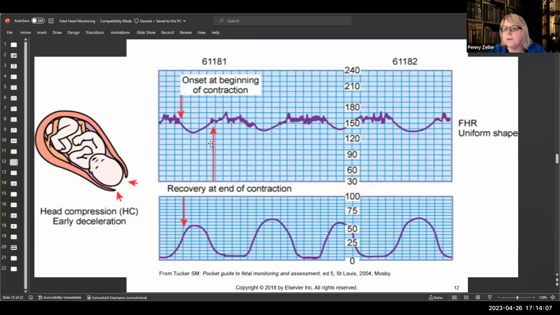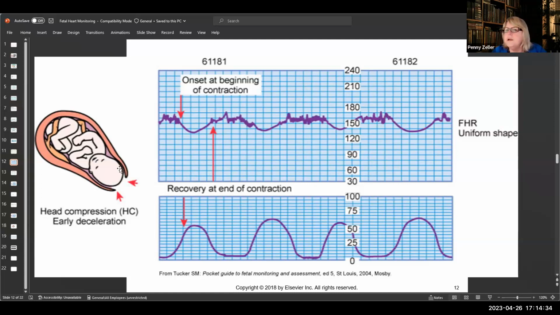The baby's heart rate is dropping below the baseline, but it mirrors the contraction time. When the heart rate drops to its lowest point is the peak of the contraction. So these are called early decelerations.